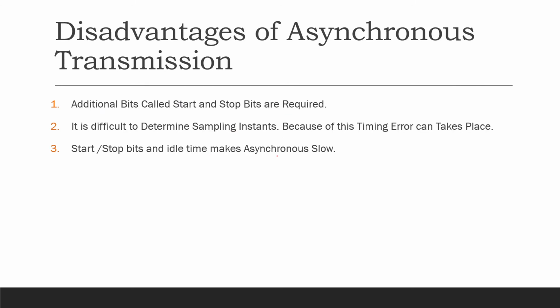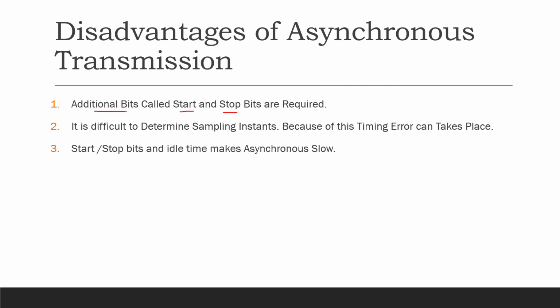What are the disadvantages of asynchronous transmission? The very first disadvantage is that as we are adding start bits and stop bits, those are additional bits. Hence, there is memory loss, or you can say much more memory is utilized. More memory is required in asynchronous transmission.